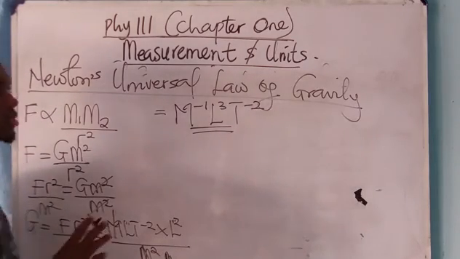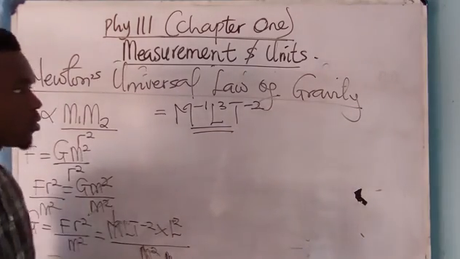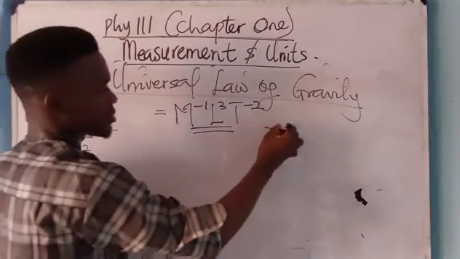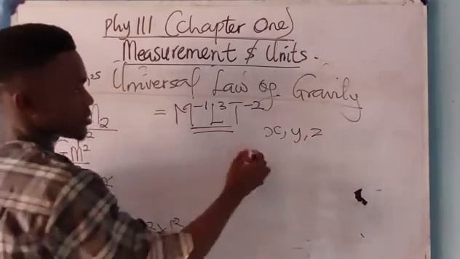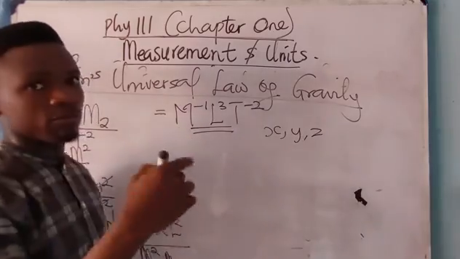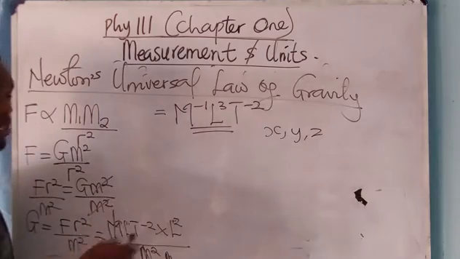Therefore, in case I ask you to prove that, there's a way they usually put this question: how is x, y, and z dimensionally the same as maybe force, gravity, force, acceleration, or velocity, as the case may be?